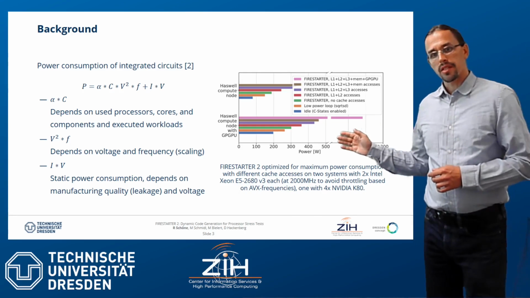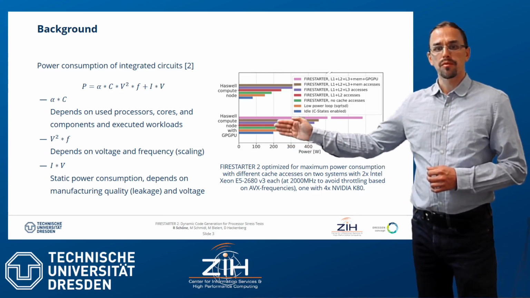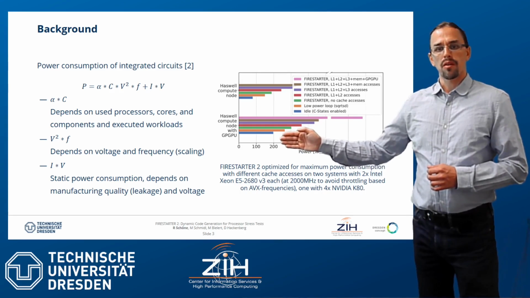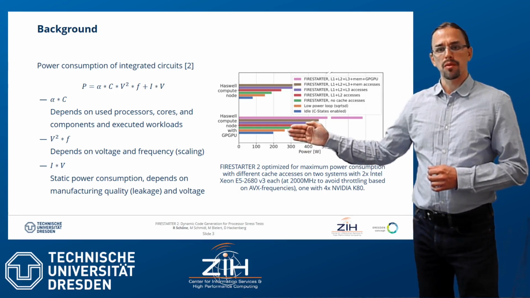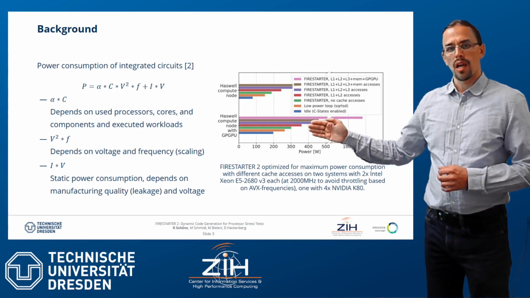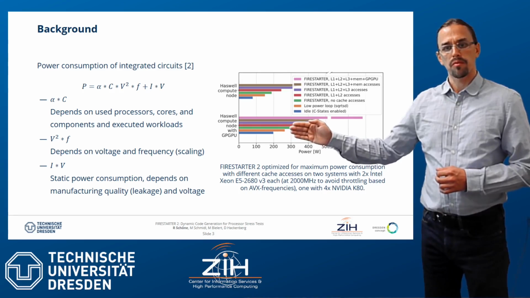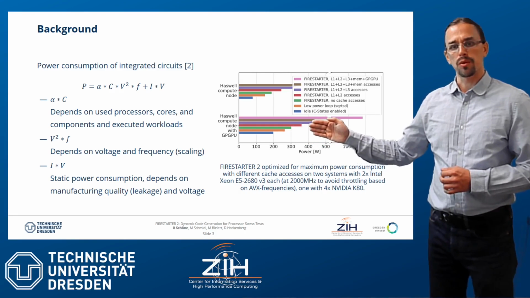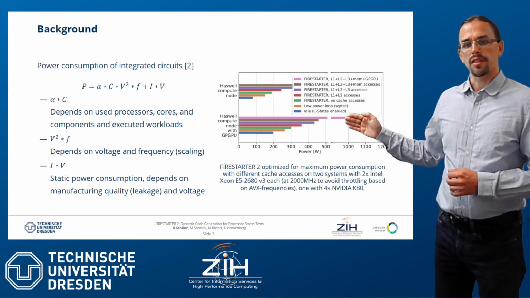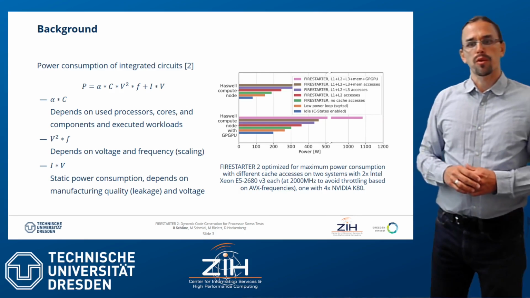What you see here on the right side is how they contribute. So we start with an idling node without GPUs and with GPUs, and then you say, okay, I don't want the CPU cores to idle, the processor cores, but run something within the register at low demanding workload, a high demanding workload, adding memory references for the different cache and memory levels, and then in the end you also add the GPUs for computation.